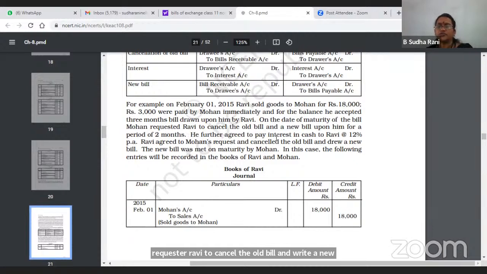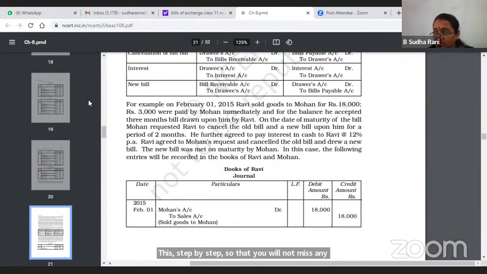He further agreed to pay interest in cash to Ravi at 12% per annum. Ravi agreed to Mohan's request and cancelled the bill and drew a new bill. The new bill was met on maturity date by Mohan. Okay, he's asking you to pass the journal entries. Divide the sentences step by step so that you will not miss any journal entry.